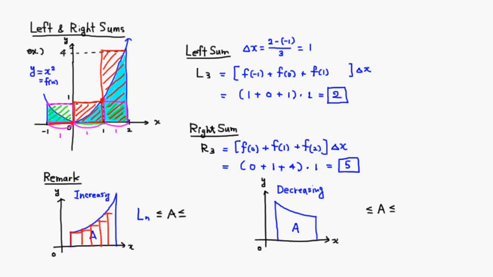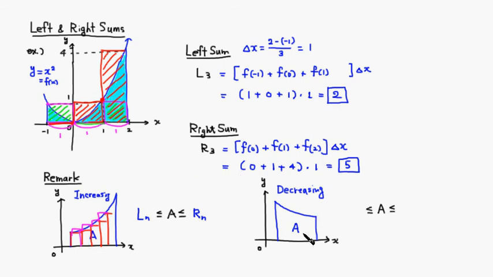The right sum is the other way around. You can see that the rectangle is always overestimating, so the right sum is going to overestimate the area when you have an increasing graph.